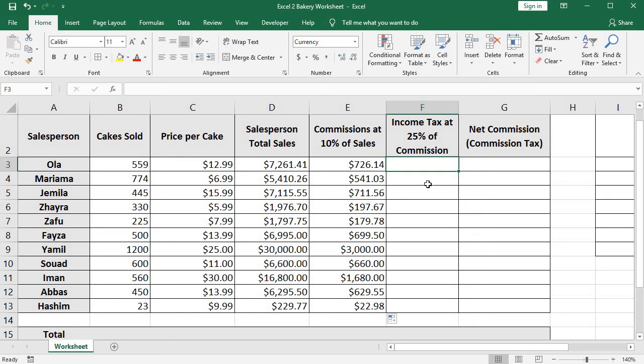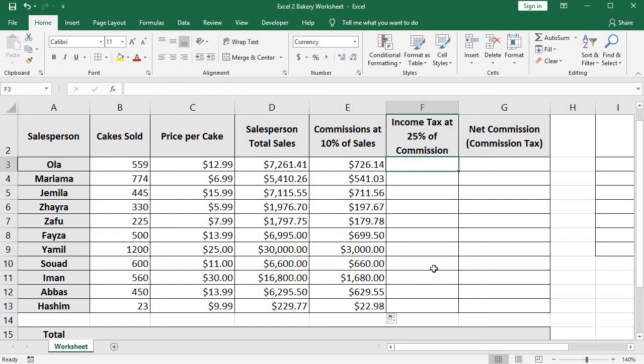If you've ever worked at a full-time job or an hourly job, you've noticed that if you made $500 a week, you might get $450, because the business that you work for withholds about $50 for taxes, right? This is basically the same idea. You're withholding a part of the money that the salesperson made, and that part is 25%.